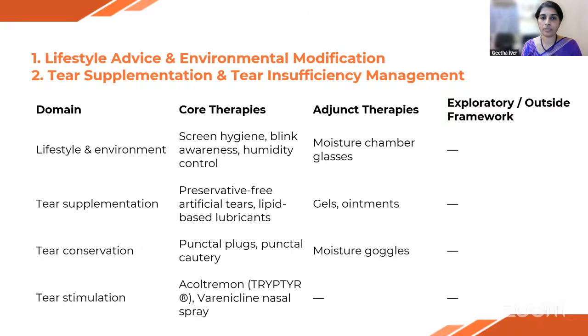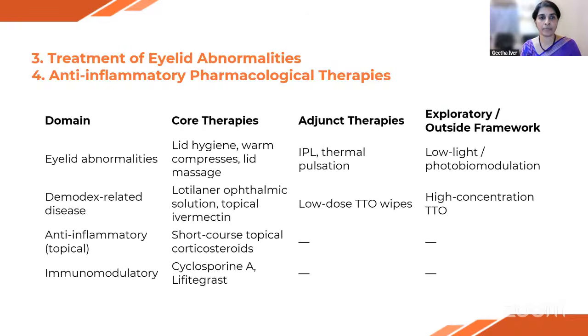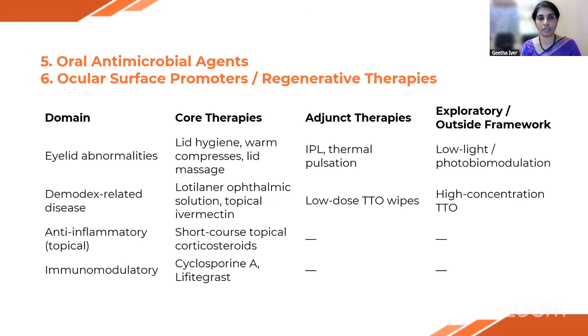Lifestyle and environment is something that is common across all dry eye diseases. Treatment of eyelid abnormalities and anti-inflammatory pharmacological therapies, which includes IPL, thermal pulsation, low-dose TTO wipes for Demodex-related disease as adjunct therapies. So you can see the entire list here, which has, for the convenience that I have categorized it into what are the core accepted therapies, the adjunct therapies, and the ones that are still experimental or exploratory.